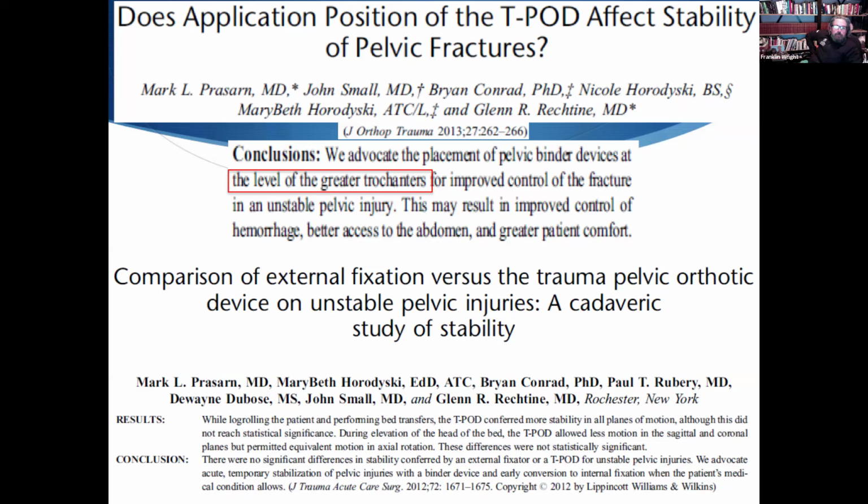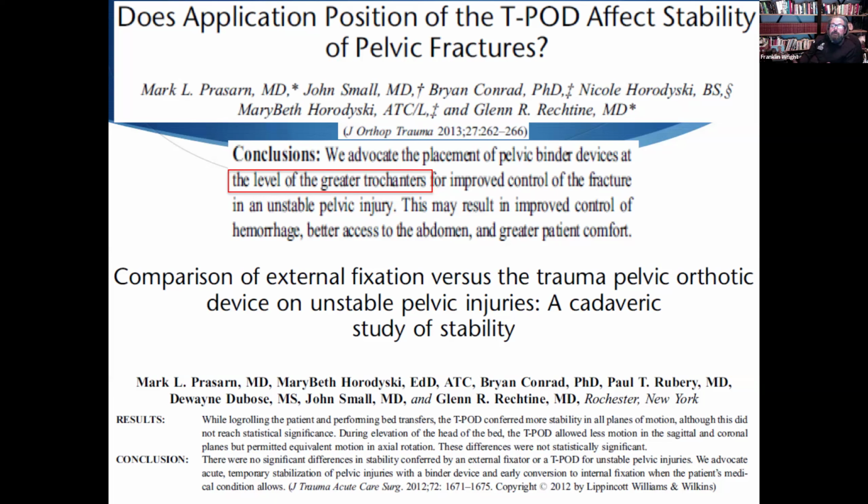Commonly, they're placed up over the iliac wings, up higher where you can feel the iliac crest. People tend to put them too high, and they don't work as well to really close down the pelvis, and if you have iliac fractures, you can actually dissociate them even further by having one that's too high.